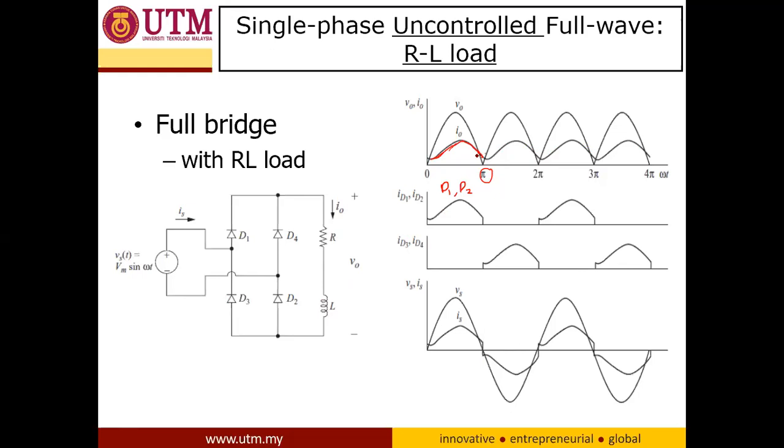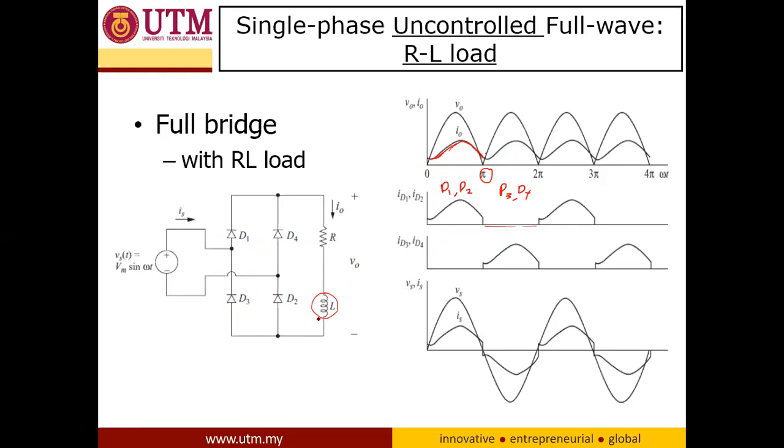D1 and D2 will turn off because of the reverse bias, and D3 and D4 will turn on. So this inductor needs to be discharged.